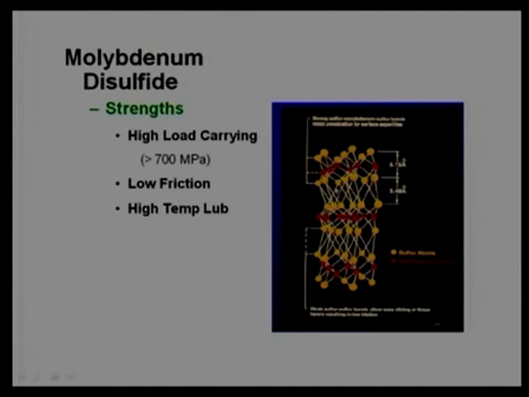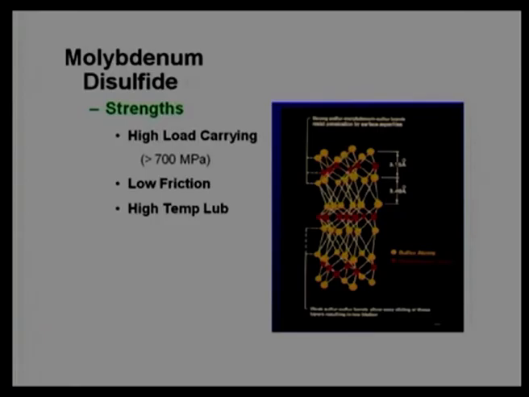The bond strength between sulfur, molybdenum and sulfur is high within a layer. After this layer there is another layer, and these layers are connected by the sulfur molecules only, through sulfur to sulfur bonds. The strength of that bond is relatively weaker compared to the molybdenum and sulfur bond.